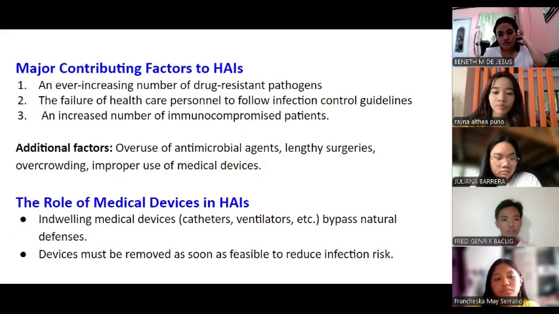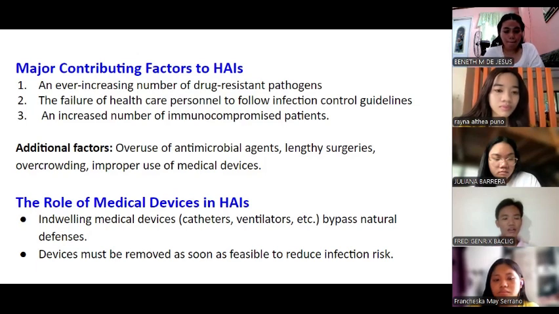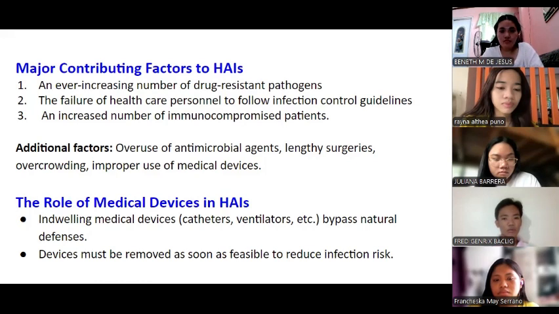Number two, the failure of healthcare personnel to follow infection control guidance. Infection controls, such as proper hand hygiene, sterilization of instruments, and the use of personal protective equipment, play a crucial role in preventing the spread of infection in the healthcare facility.